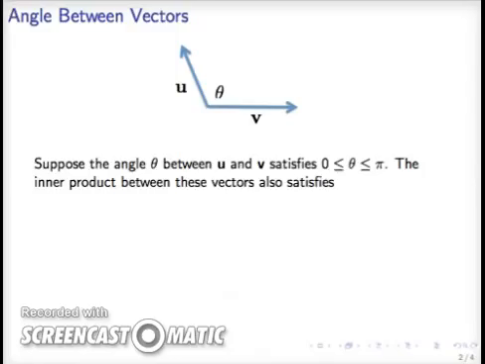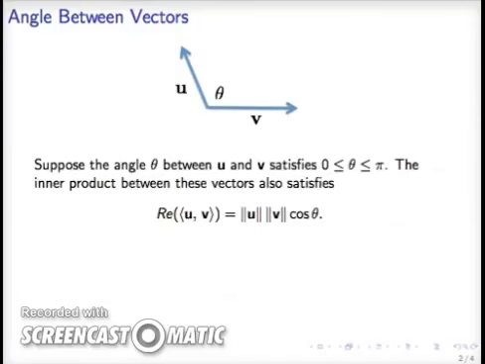The formula that connects the inner product with the cosine of theta, the cosine of the angle between these two vectors, is the formula that we display here. It is important to note that this formula involves the inner product between u and v, but in general we are involving the real part of that inner product.